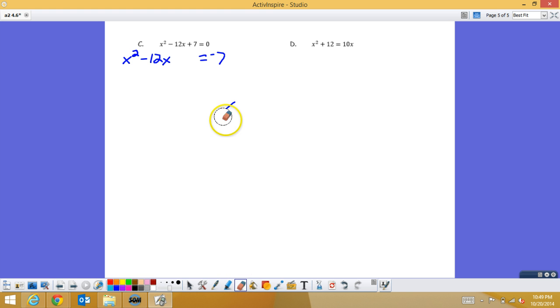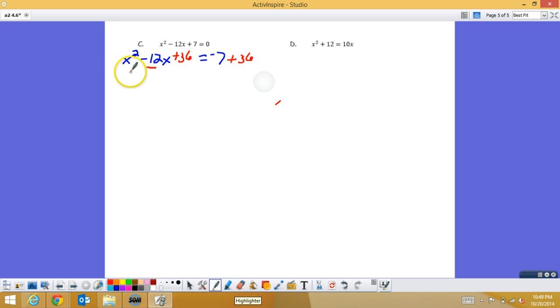Now we are going to complete the square by looking at this b value, which in this case is the negative 12. We're going to take half of it, which is 6, and then square that. So we're going to add 36 to both sides.